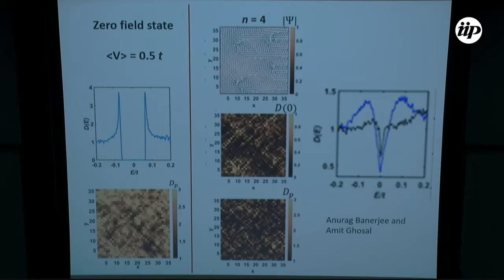This is the coherence peak height map. Since these are finite simulations, they are relatively noisy. If you do a cross correlation between these two, you will see that there is an inverse correlation, but it's not completely apparent from this picture. But more importantly, this is what you get for the local density of states away from the vortex core and at the center of the vortex core. At the center of the vortex core, just like we see in our experiment, there is a soft gap still persisting.